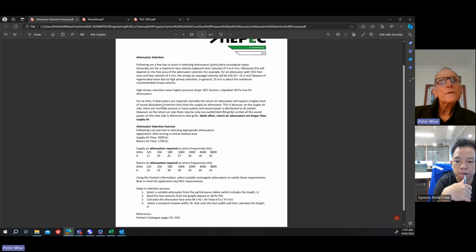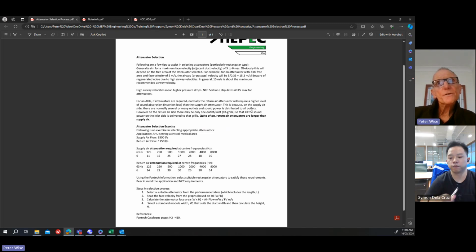So for an air handling unit, this is just a bit of information so you know what to expect. If attenuators are required, normally the return air attenuator will require a higher level of attenuation or sound absorption than the supply air attenuator. Now, this is quite common. If you've got attenuators on both sides, the return air will normally be a bigger attenuator.